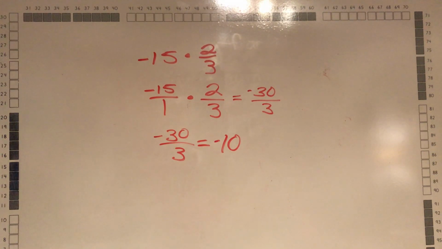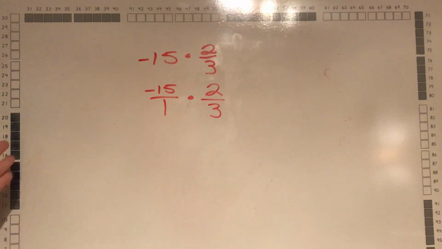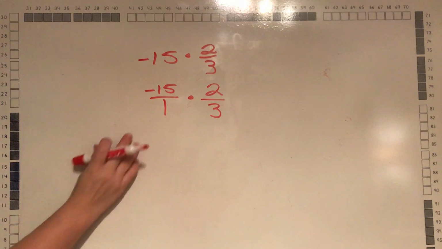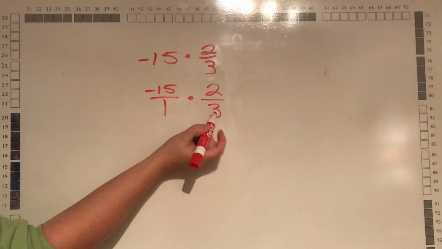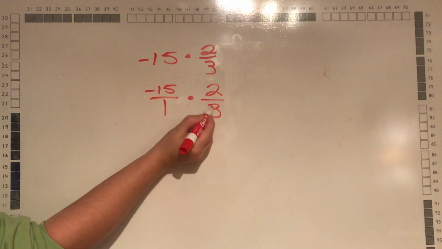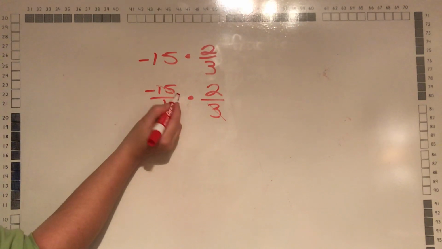Now the book shows you another way to simplify this problem. The book shows you that you can simplify before you multiply. So you can see here that you can cancel this 3 out because it goes into this number 5 times.